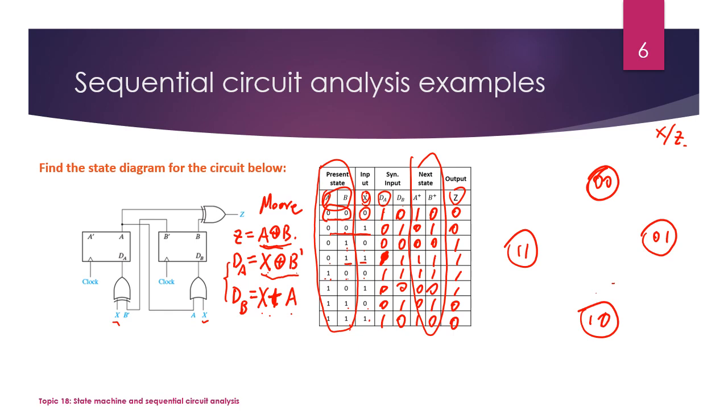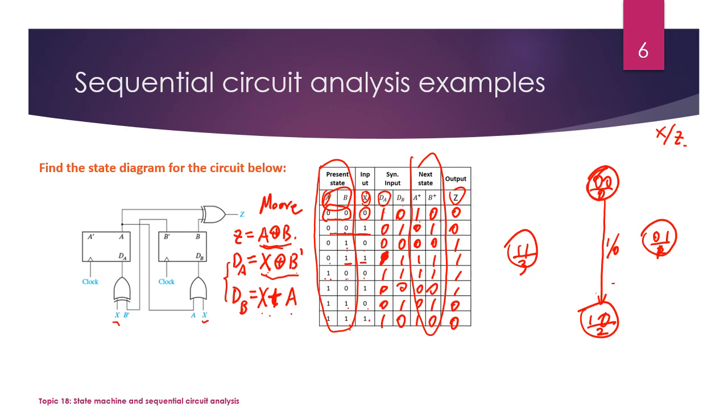So when we are at state 0, 0, or state 0, you can call it 0, state 1, 2, 3, you can call it. If we are here and X is 0, we know the next state is 1, 0, which means this will transit to here.